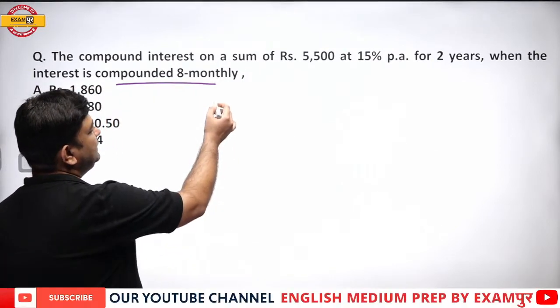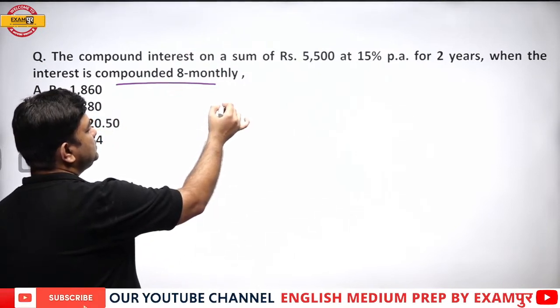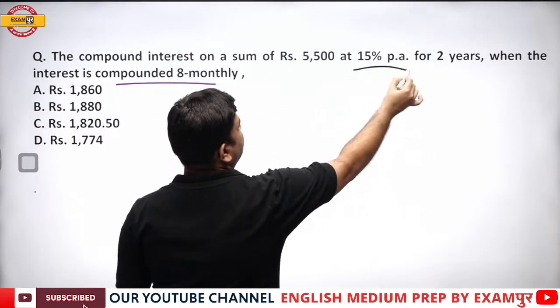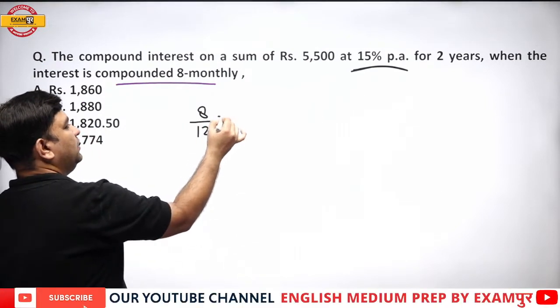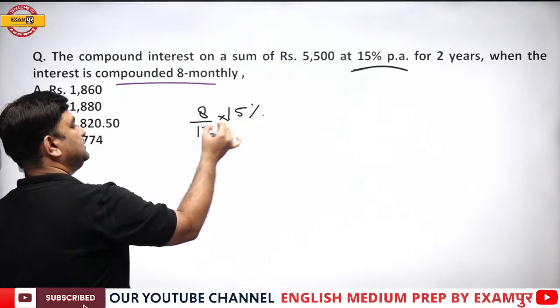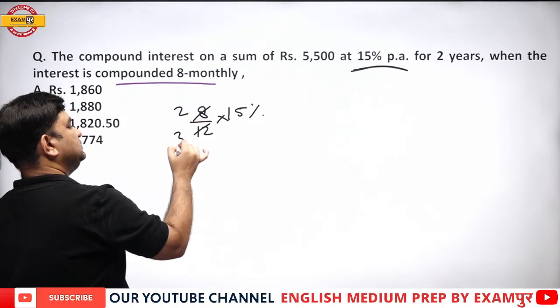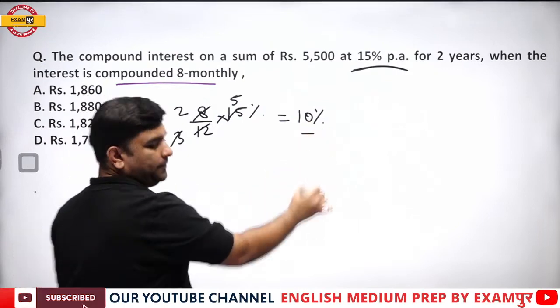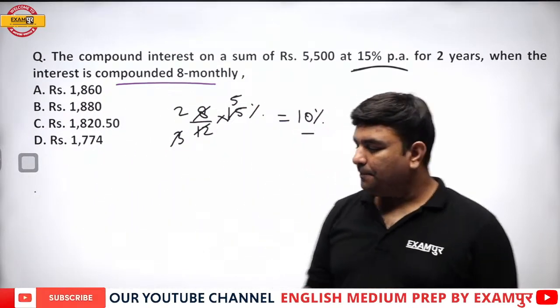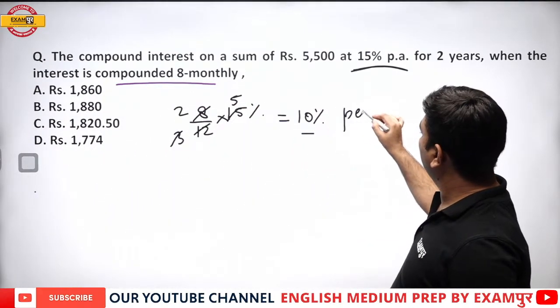8 monthly. So the rate is per annum. So 8 monthly is 8 by 12, or 10%. 10% per 8 monthly.